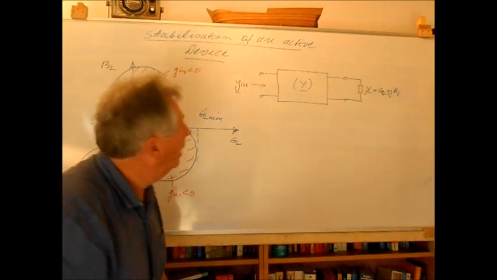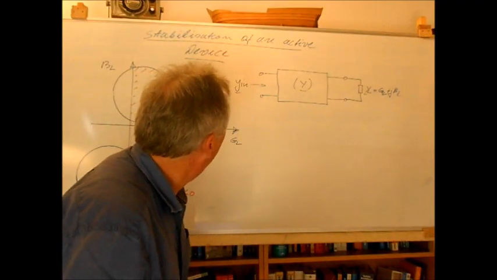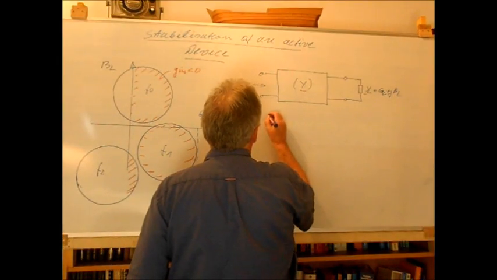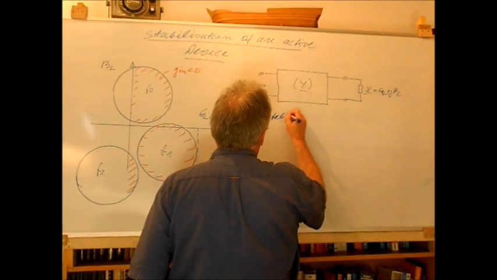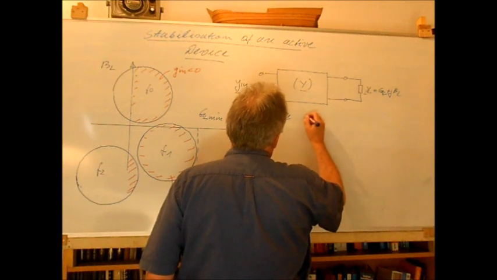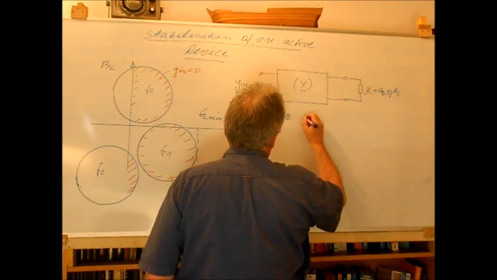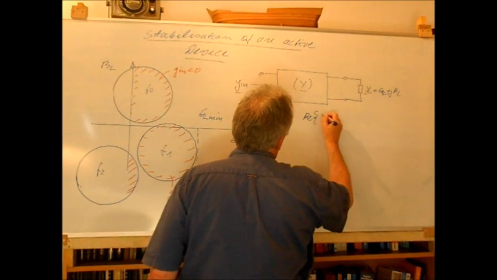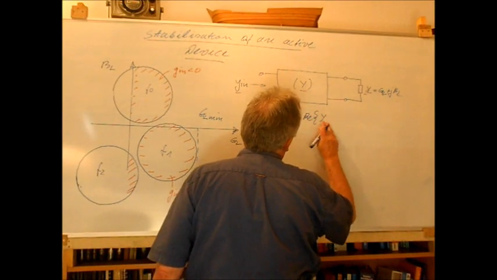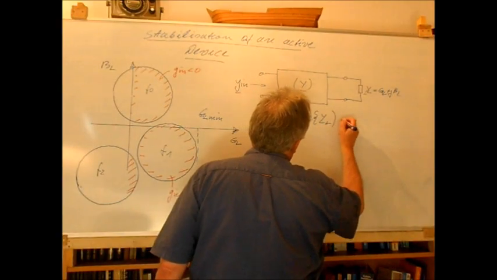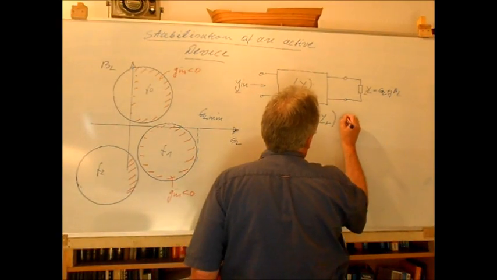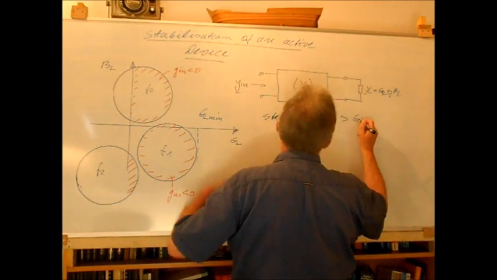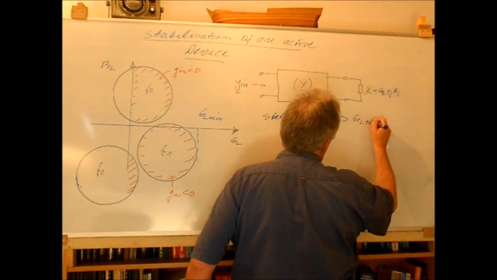This means, to become stable, if we want to have stability, then we must have that the real part of our load admittance must always be greater than the minimum load admittance.